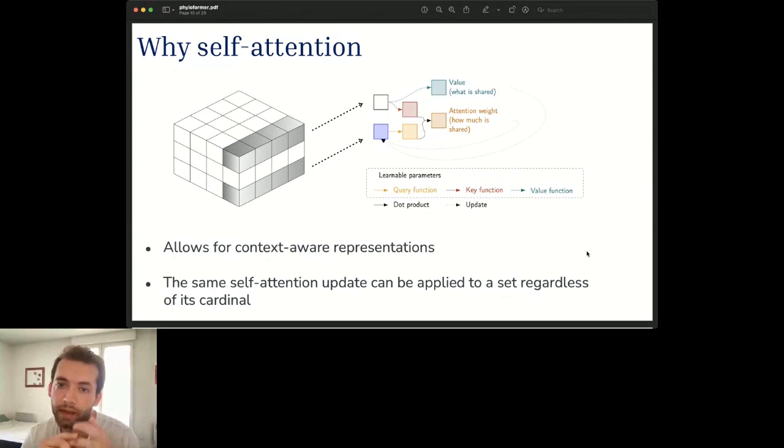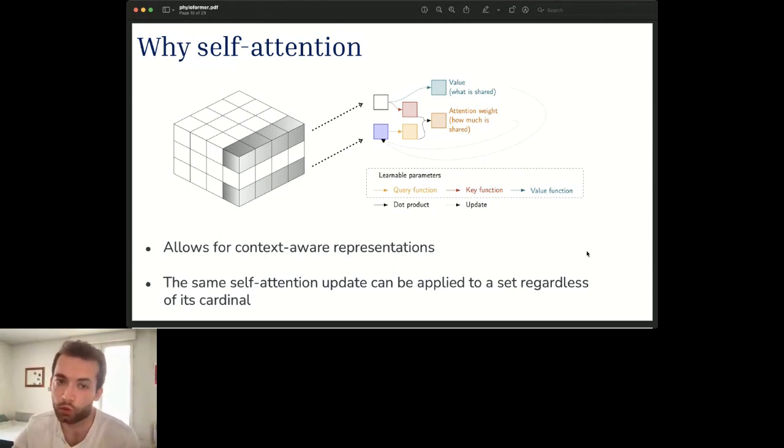Notably, the mechanism was originally introduced in the context of natural language processing, specifically for machine translation, a context in which it allowed embedding the words in a sentence in a context-aware fashion, given that the meaning of a word may depend on the context one finds it in, leading to better translation accuracy in that case.